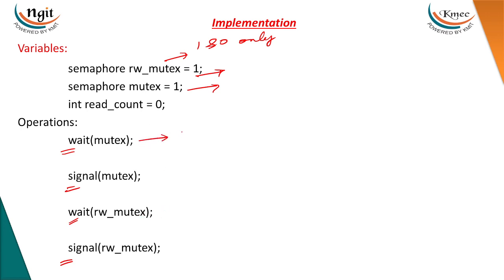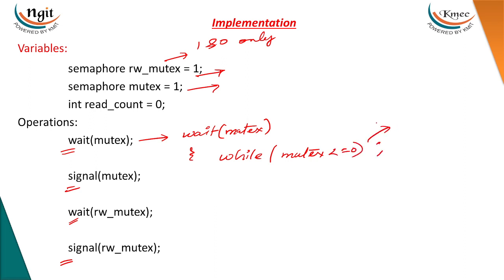The implementation is the same. For wait on mutex, we'll use a while loop. While mutex or rw mutex is less than or equal to 0, either the process will be blocked or it will keep executing, stuck in the while loop.